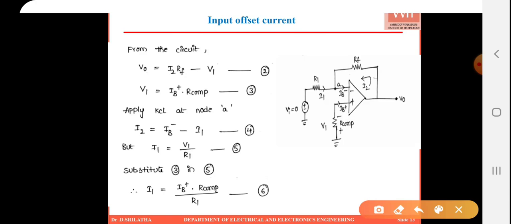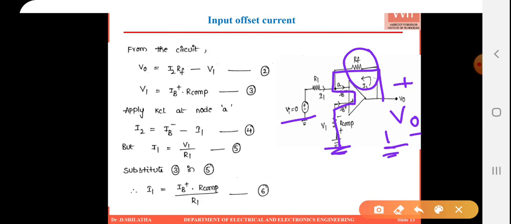If you observe this circuit, we are not applying any voltage to the negative terminal, and if you consider this path, there is no voltage. Here it is ground, this is plus minus, the voltage across this is V0 and this is I2 RF. Let us say this is the feedback current, it will be plus minus, where the voltage across it is I2 times RF, and here it is minus plus, that is the voltage across the compensating resistor.